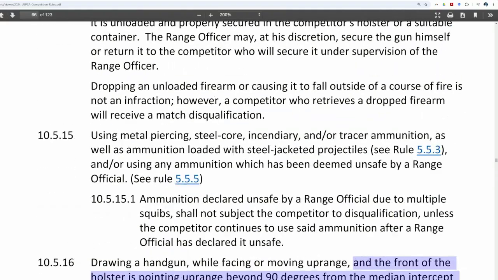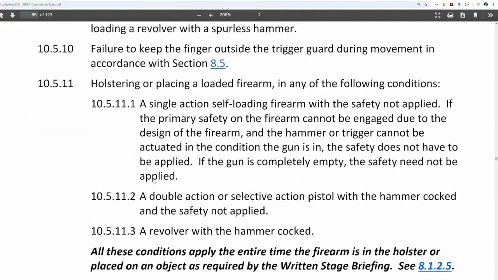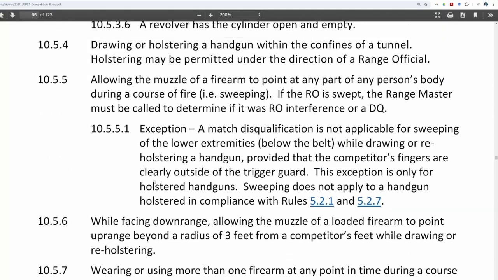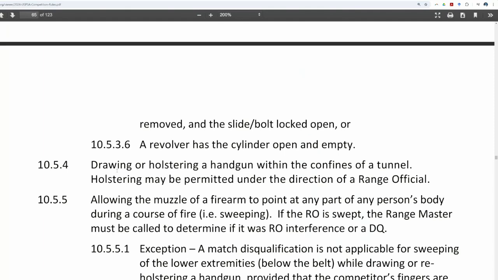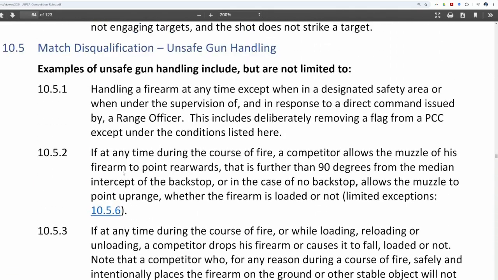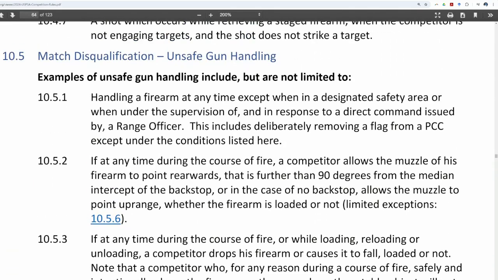Second of all, we need to tell the entire RO community that's been trained, ROs, CROs, RMs, all of them, that 10.5.2 and 10.5.6 have absolutely nothing to do with the front of the holster, despite what they've been told.